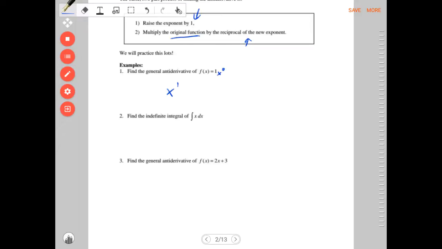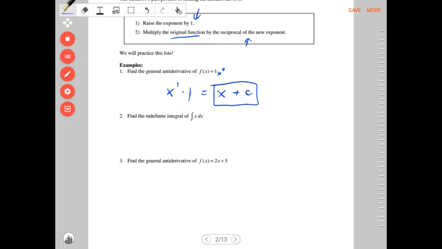Well, the reciprocal of 1 is just 1, so times 1. Oh wait a sec, that's just x. So the reciprocal of 1 is 1, so we just get x, and then, of course, plus c. So there's our answer.